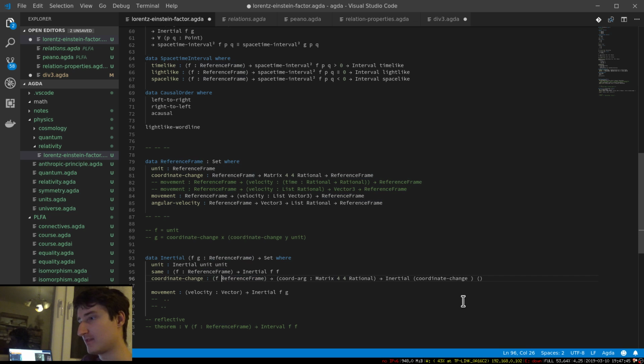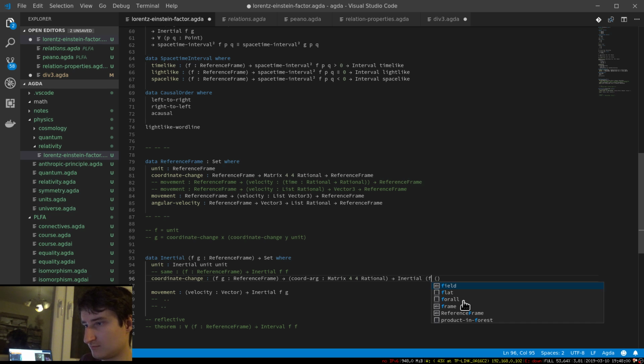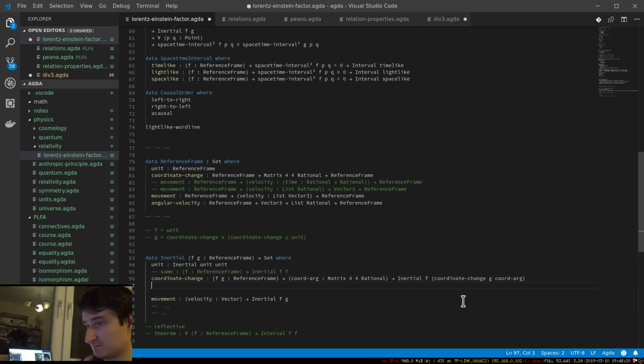Given two reference frames. This is not needed right now. It's true that F is inertia with respect to G, with coordinate change, coordinate arguments and movement.